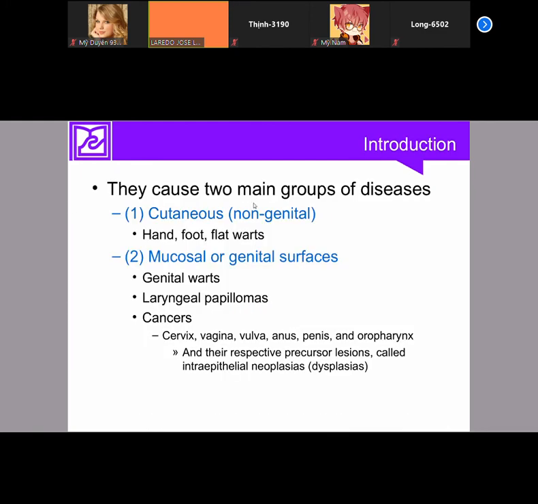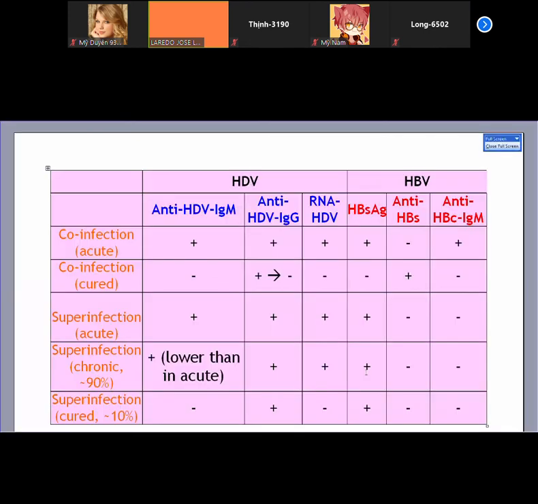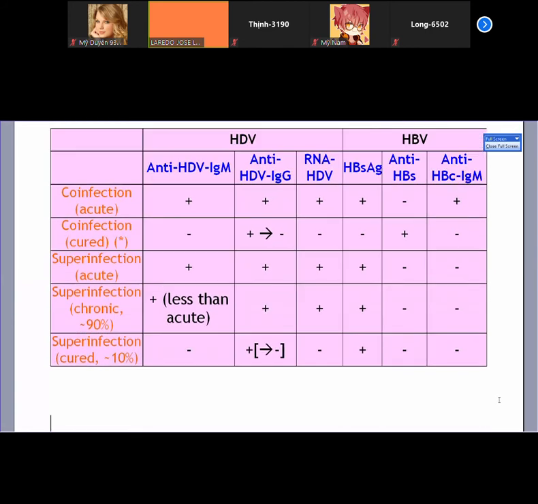So look, sorry, I am going to write here. Papillomaviruses may cause different diseases in different places.